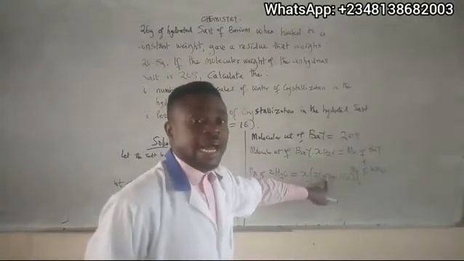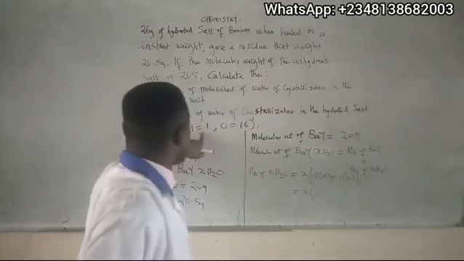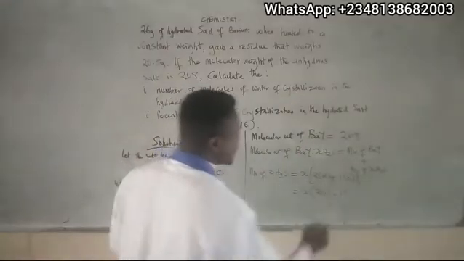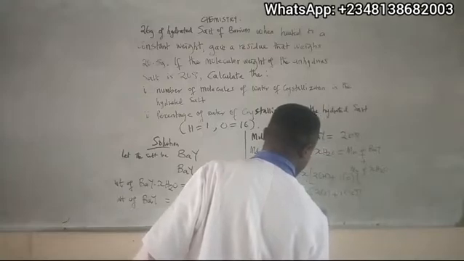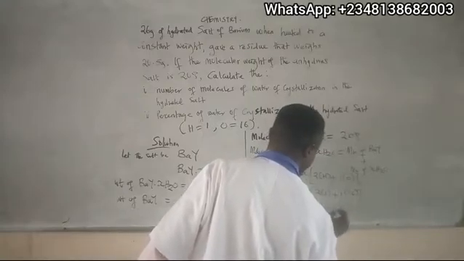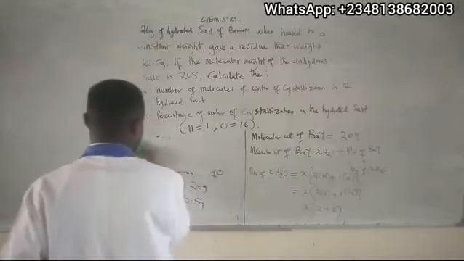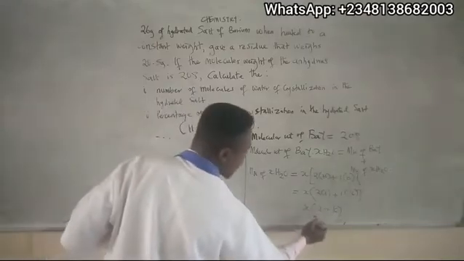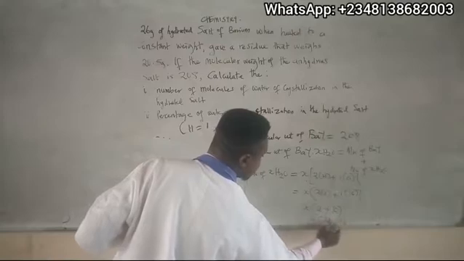Now we use the relative atomic mass of hydrogen, which they gave us as 1. So this becomes 2 times 1, and that of oxygen is 16. So this becomes X times (2 plus 1 times 16), which is X times (2 plus 16), which is 18. So this is X into 18.